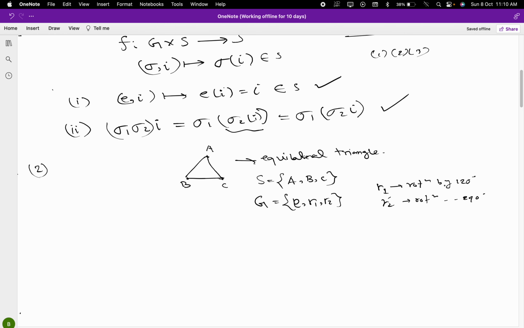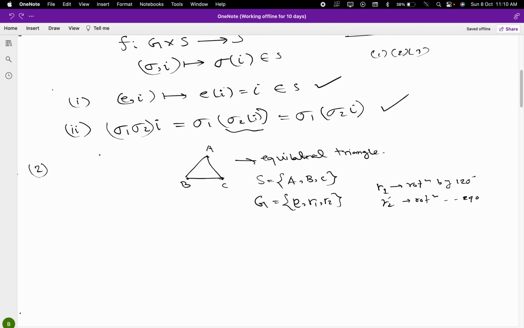And this is a group, of course. No, this is not the group D3, right? So this is actually a cyclic group, isomorphic to Z3, since it contains 3 elements. So G is identity, R1, R2, where R1 is a rotation by 120 degrees, and R2 is a rotation by 240 degrees, right? And I am taking this as G, and the vertices of this triangle ABC as S.